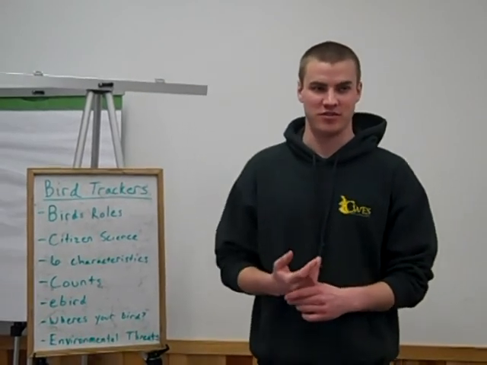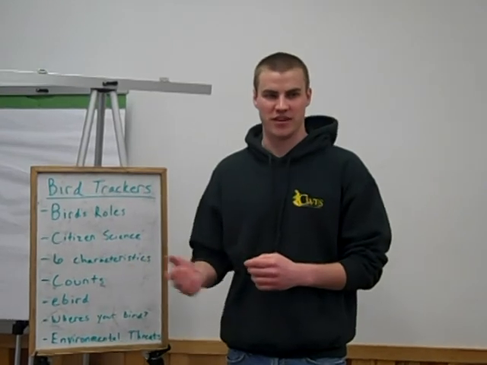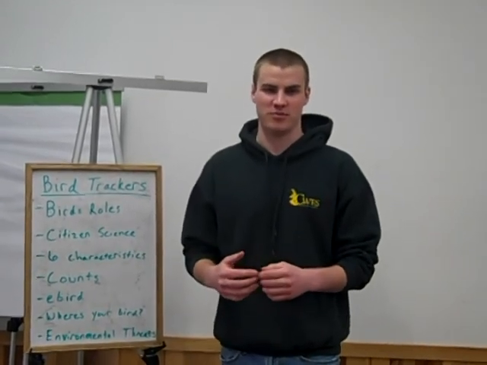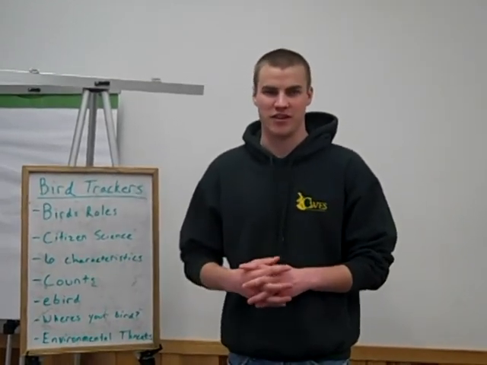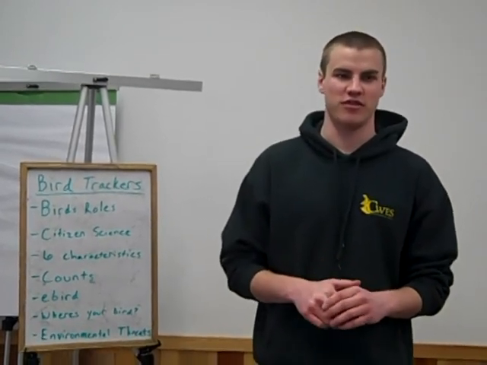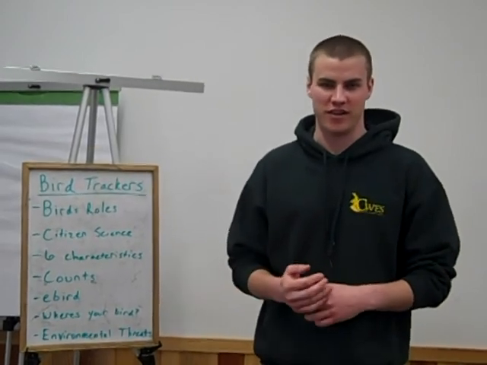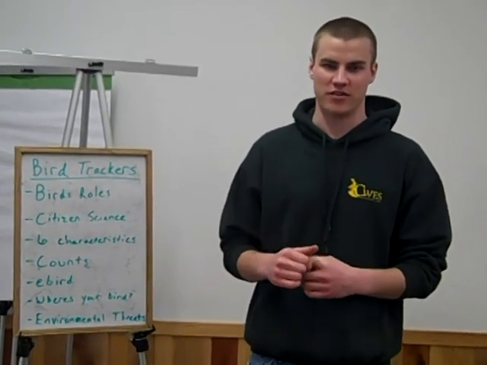They also should be able to demonstrate how to use field guides or the eBird website to determine where bird species may be found at different times of the year. And again, for the older students, they should also be able to evaluate how a particular bird species may be affected by certain environmental threats.